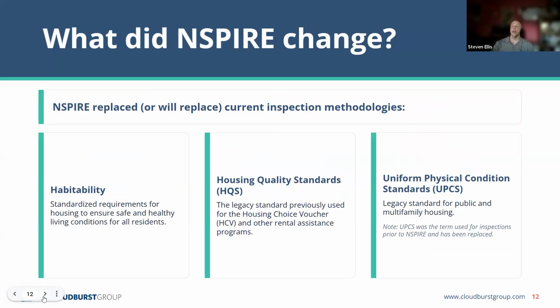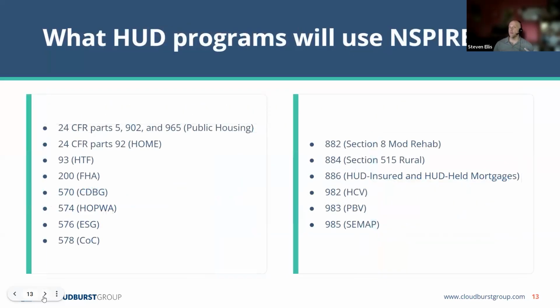Inspire will replace, or has replaced, all the other inspection methodologies that exist: Habitability for some of our friends in HOPWA and ESG, HQS for CoC, HCV, and those programs, and then UPCS, which is what your public housing programs will use. All of these will eventually go away and fall under Inspire. There are a lot of programs that have to know about Inspire, or will have to know about it.